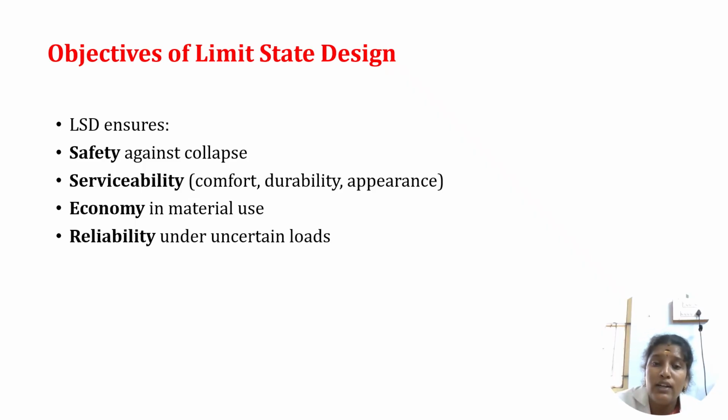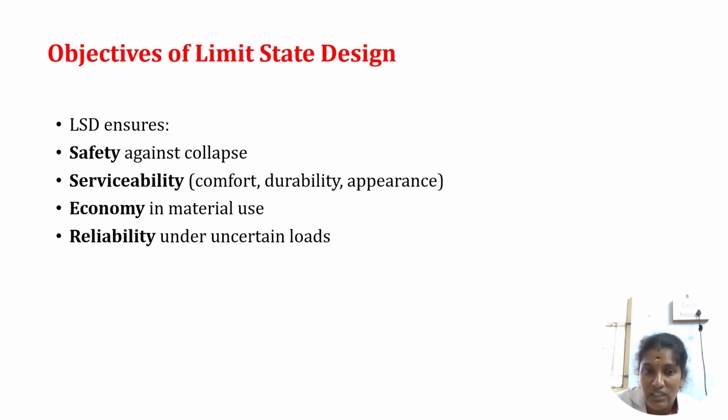You know that there are two methods available, right? The working stress method follows the yield strength, but the limit state method follows the ultimate state. That is the main difference. The working stress method is a less economical method, but the limit state method is an economical method.